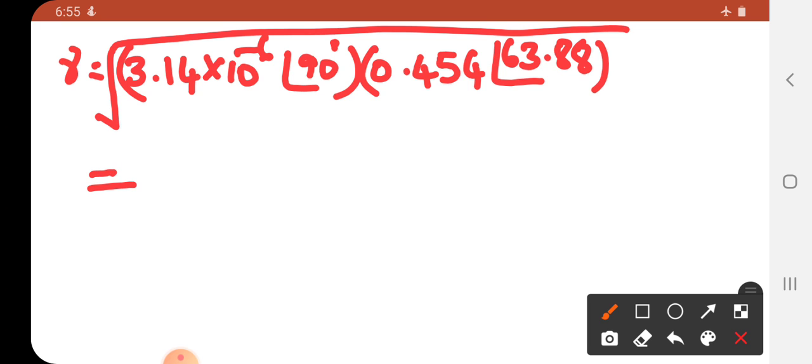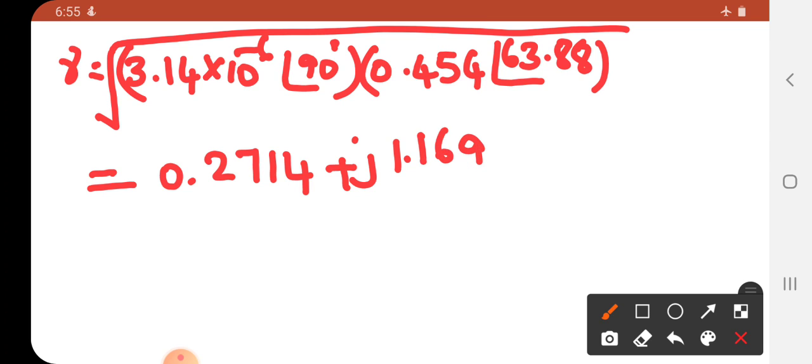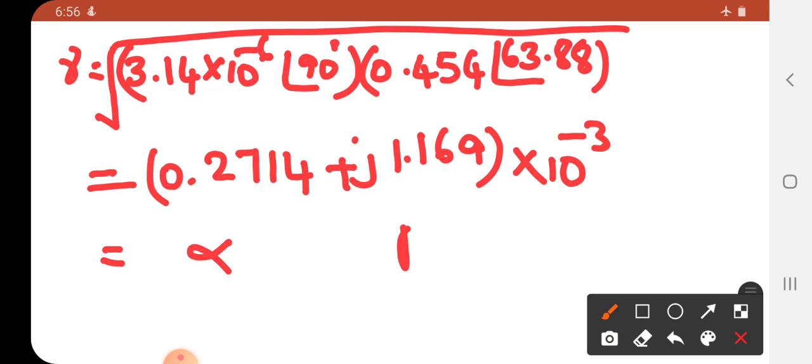Therefore if you calculate this value, it will be 0.2714 plus j 1.169, this into 10 power minus 3. Here you can see this is the value of alpha and this is the value of beta.